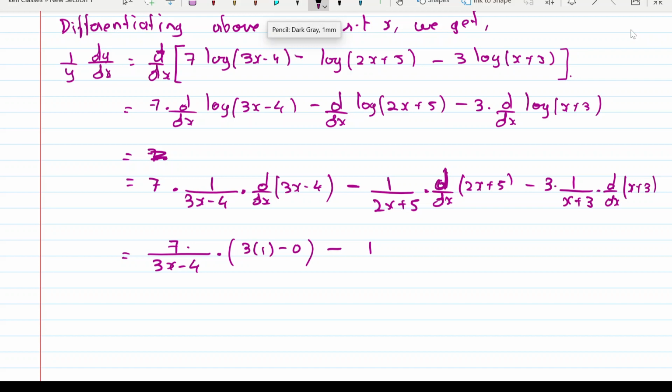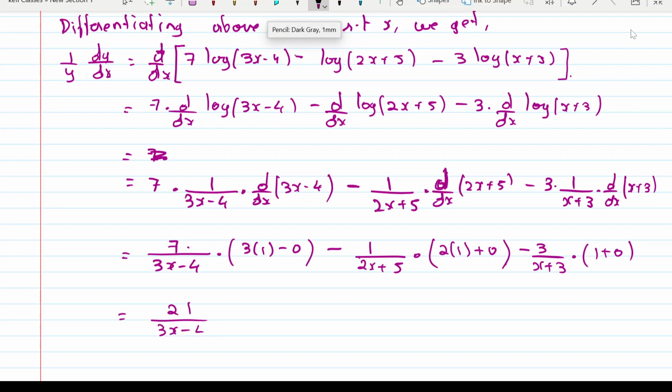But this is the minimum you have to write. 3 into 1 minus 0, minus 1 upon 2x plus 5 into 2 into 1 plus 0, minus 3 upon x plus 3 into 1 plus 0. So that comes to 7 into 3, which is 21 upon 3x minus 4, minus 2 upon 2x plus 5, minus 3 upon x plus 3.